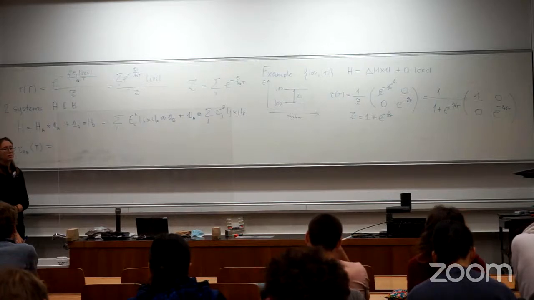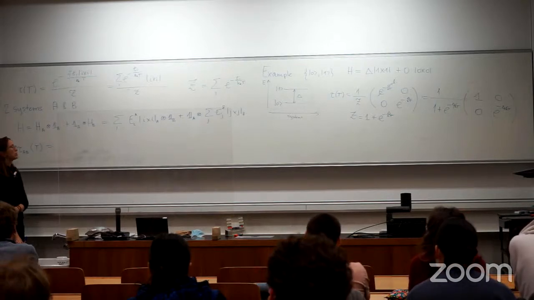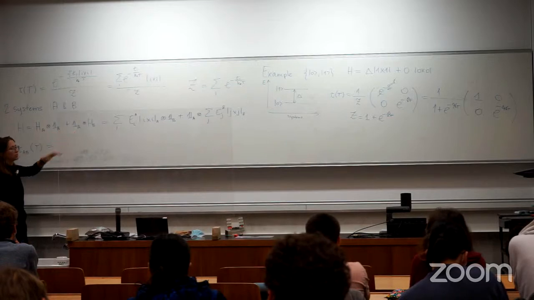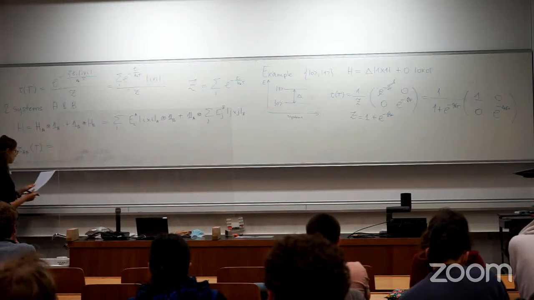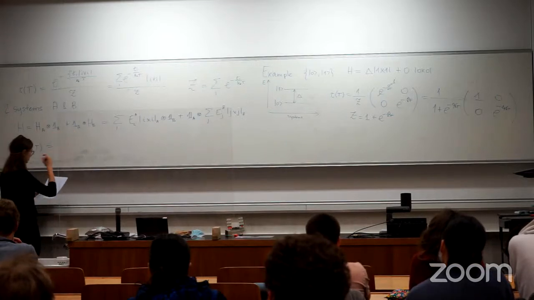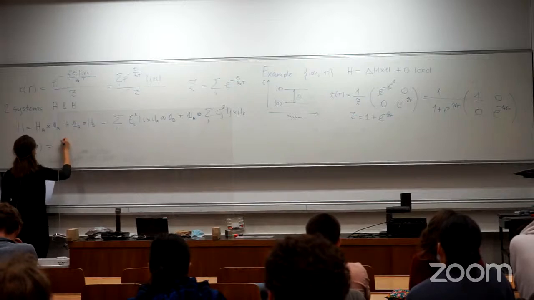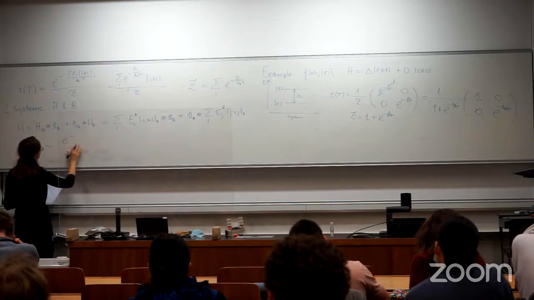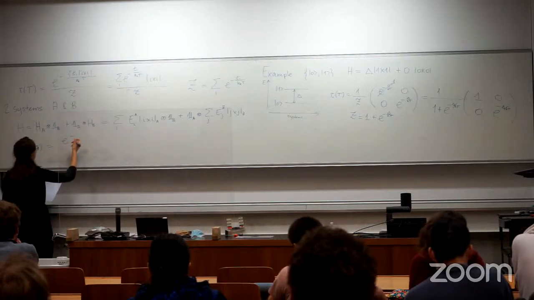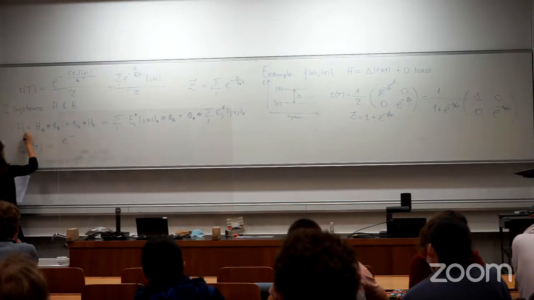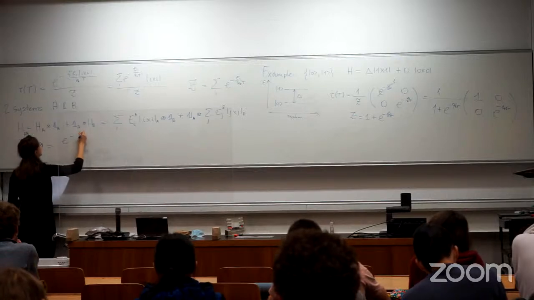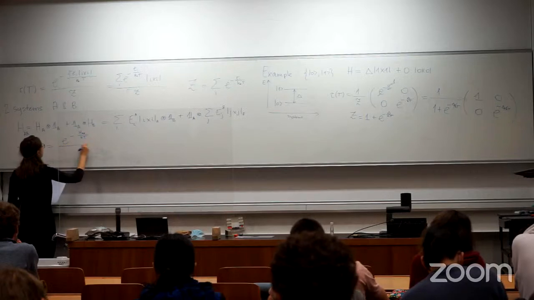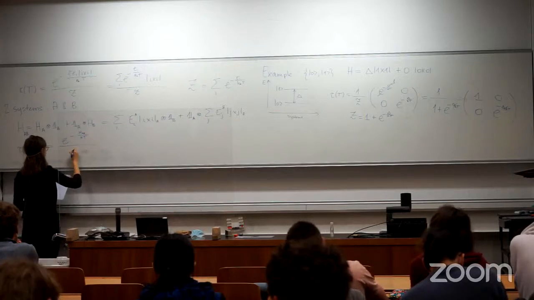Yeah, so because these two commute, and so we can separate the exponential, exactly. So per definition, we just write this as e to the power minus HAB over kT, over the partition function Z.